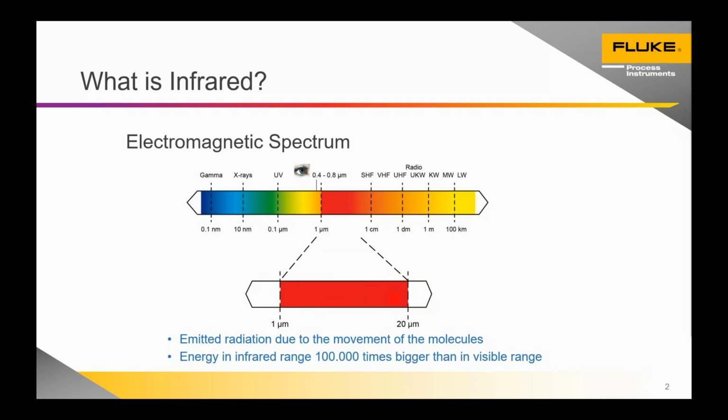The radiation is due to movement of molecules, and luckily for us, certainly as we approach the visible, we've got a lot more energy in the infrared than in the visible.